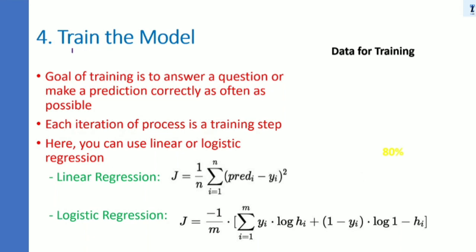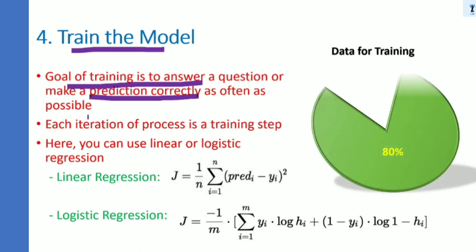The next step is training the model. The goal of training is to answer a question or make a prediction correctly as often as possible. Okay, so here we are going to train the model with the help of the 80% of the data that we have collected. So for training the model, many algorithms are required. There are many algorithms, and from that we have to choose the one which is best suited for our model. So for house price prediction, we have chosen supervised learning.